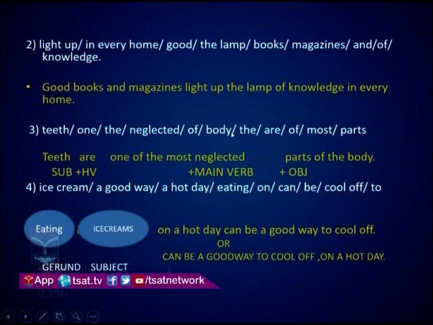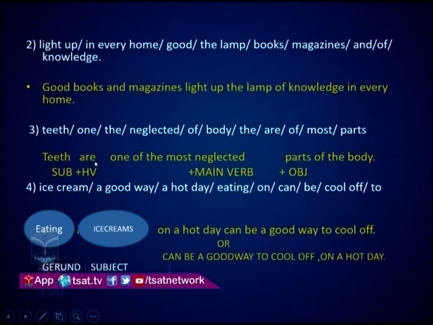The main verb comes here, neglected. Teeth are one of the most neglected what? Parts of the body. So, with this, parts of the body comes at the end of the sentence. Teeth are one of the most neglected parts of the body.